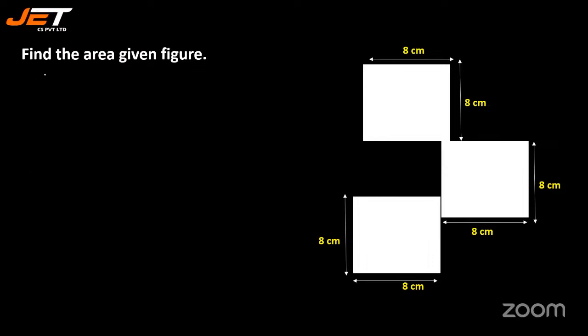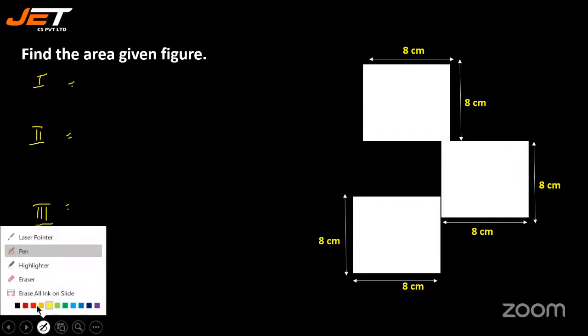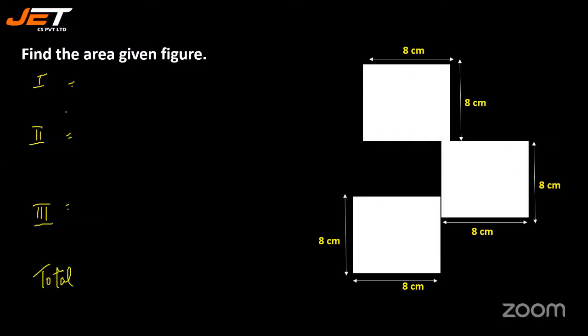If I talk about this entire figure, we have three squares in this. And like before this question, there were two squares, and 8 centimeters was their side. So the first square is again 8 times 8, which is equal to 64 centimeters square. Same for the second and same for the third.